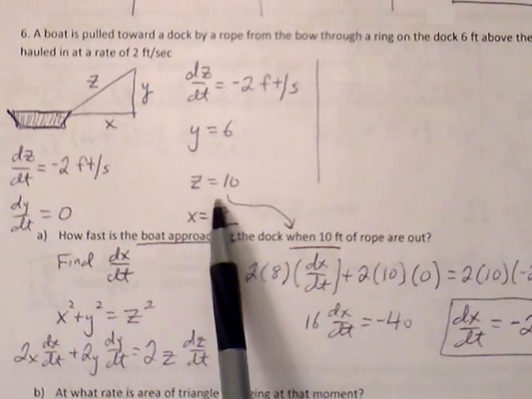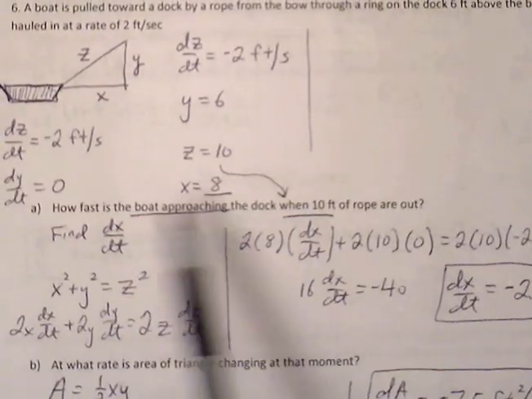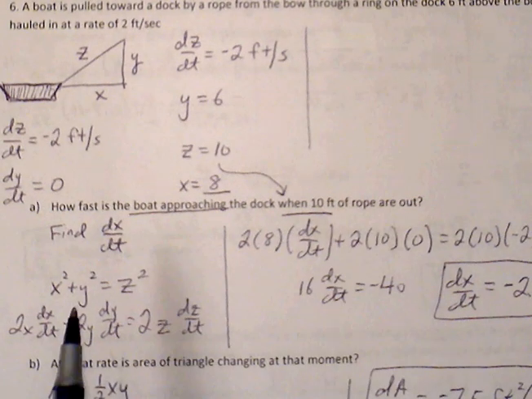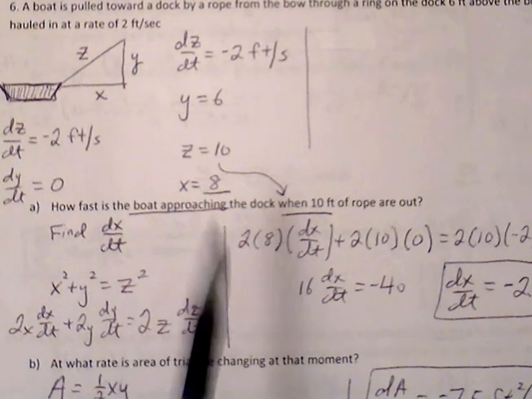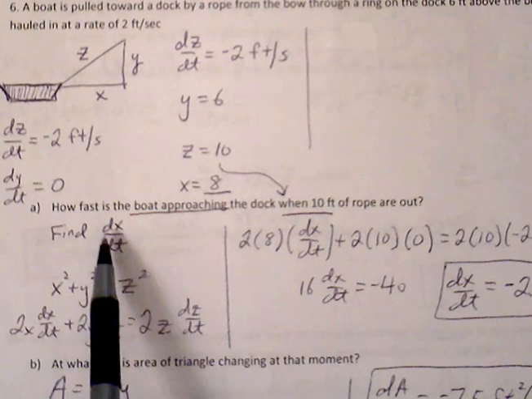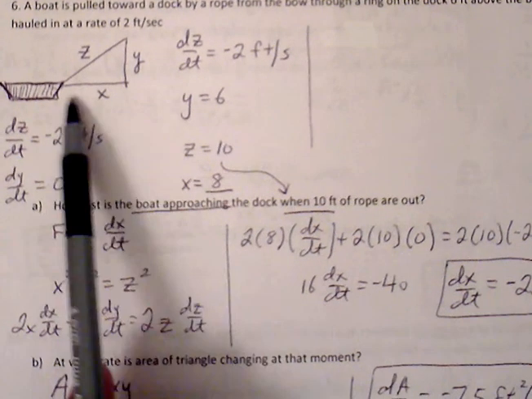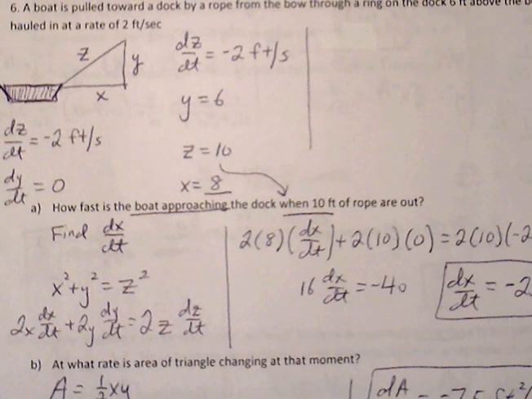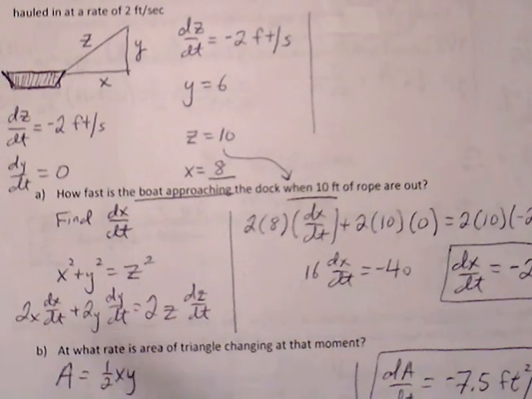We're looking at part A now. How fast is the boat approaching the dock when 10 feet of rope are out? So z is equal to 10. How fast is the boat approaching? So that's dx/dt. The equation that relates all the variables together is the Pythagorean theorem.